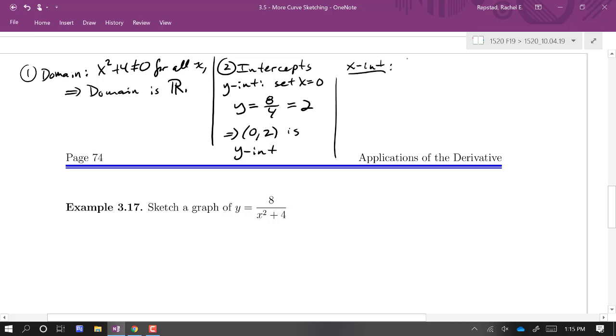How do I find x-intercepts? Let's set y equal to 0. That gives us the equation 0 equals 8 over x squared plus 4. When does that happen?